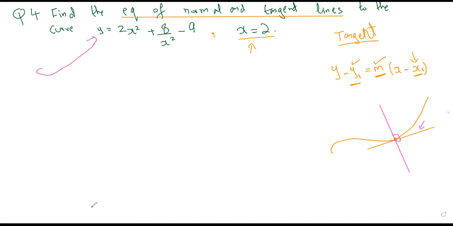Once I have the derivative, once I have dy by dx, I am going to plug in the x coordinate, and then I would get the gradient. Because dy by dx would give you the general derivative throughout the curve. It would be the derivative at this point, at this point, at this point. In order to find the exact gradient, you will plug in the x coordinate. And for now, we are interested in this point only. So I will plug in the x coordinate, that is x equals 2.